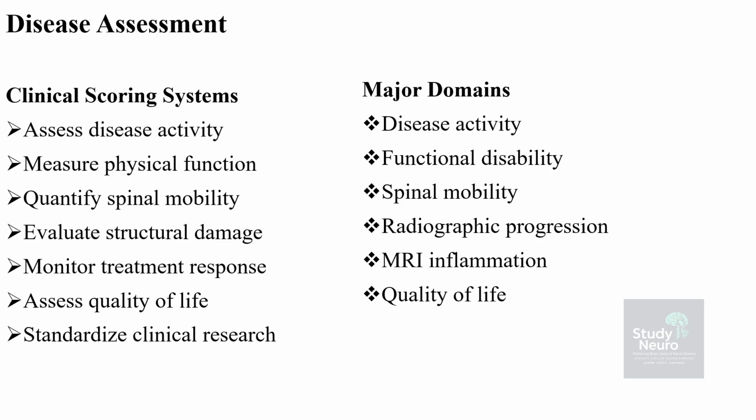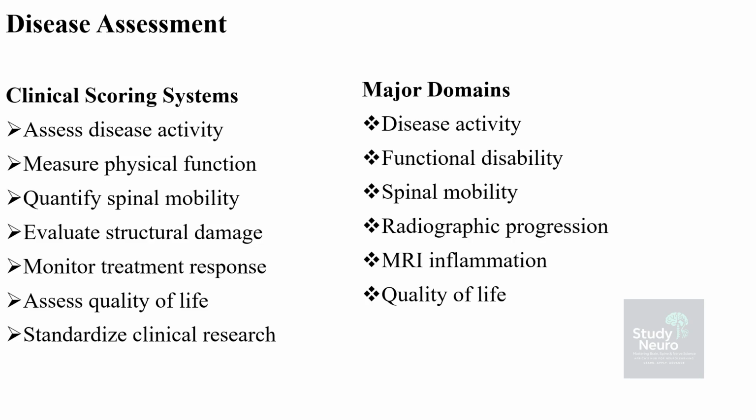Disease assessment in ankylosing spondylitis uses clinical scoring systems to measure how active the disease is and how much it affects the patient. These tools also help clinicians track physical function, spinal mobility, structural damage, and response to treatment over time. Different assessment domains capture different parts of the disease process.